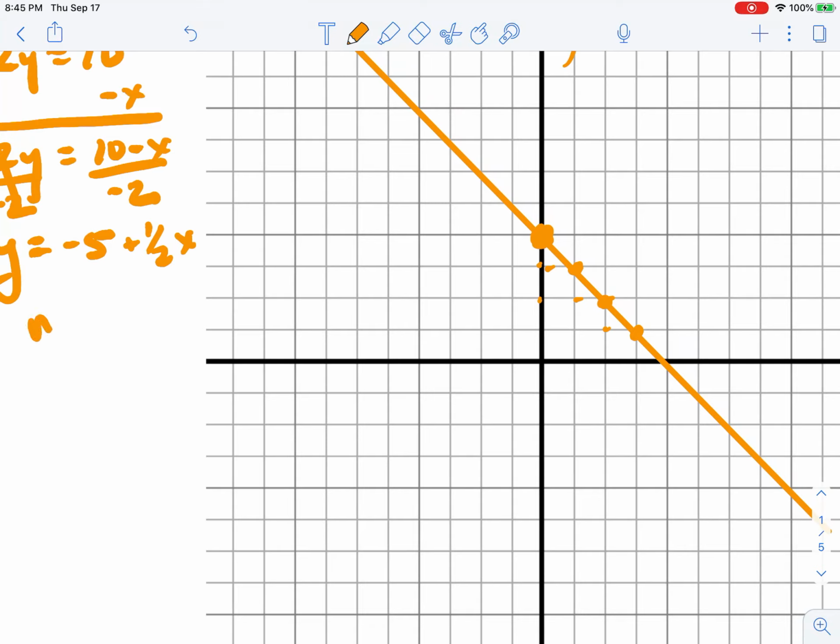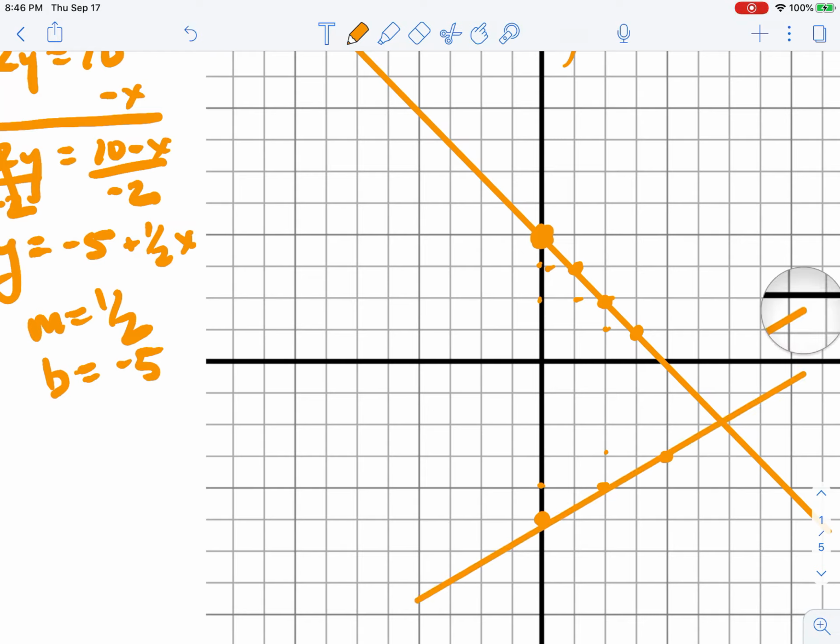I notice that the slope is positive 1/2, and the y-intercept is a negative 5. So I'll go down to negative 5, it's 1, 2, 3, 4, 5, and I'll go up 1 and over 2, up 1 and over 2. Those are a number of points that intersect, and then I draw the line and try to get it as best I can.